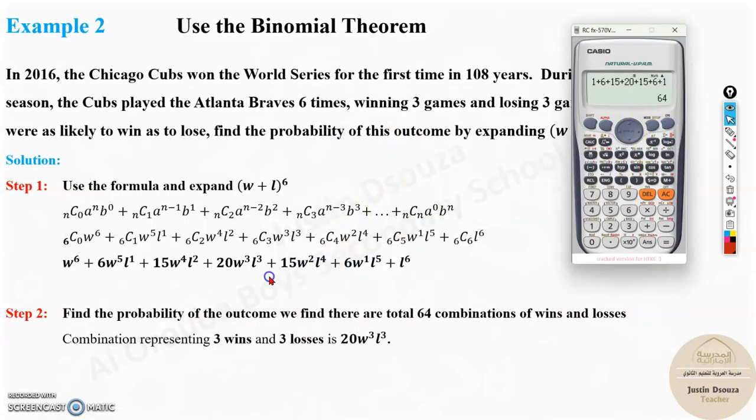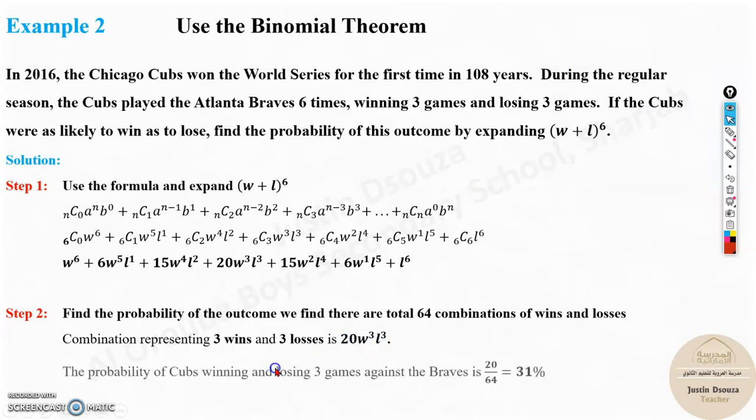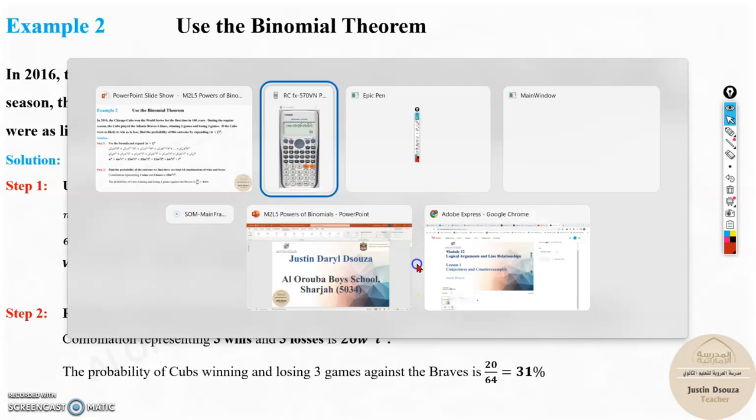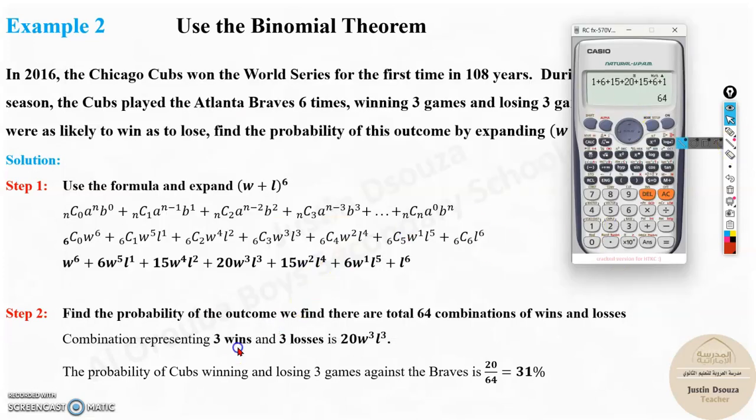But the number of ways that 3 games are won, see over here they have asked 3 games winning and losing, is 20. Okay, the combination representing it is this one. So the probability of the Cubs winning and losing 3 games against the Braves, that is the Atlanta Braves, will be, how much is that?